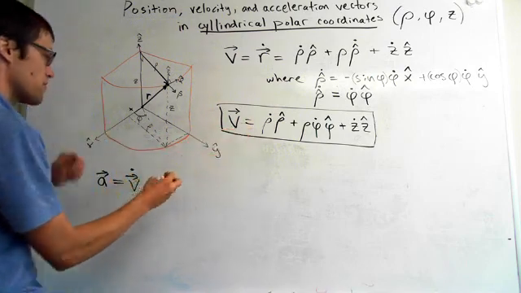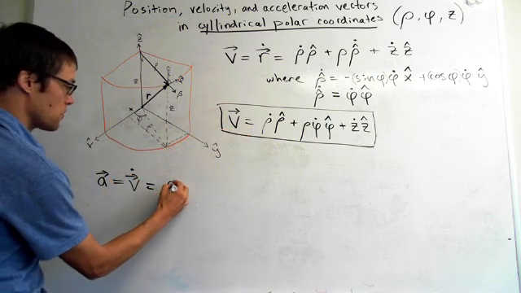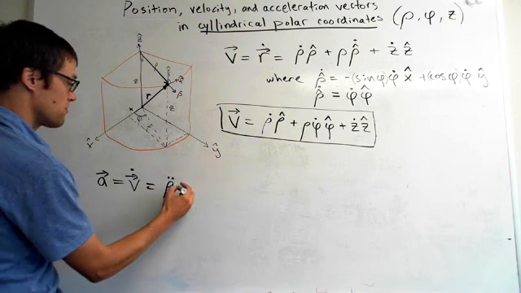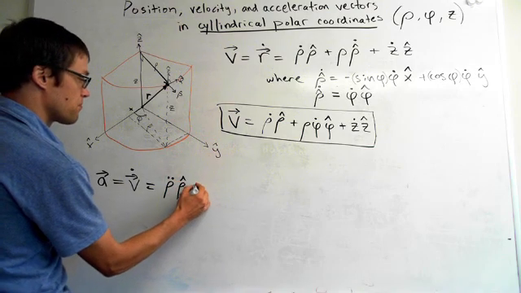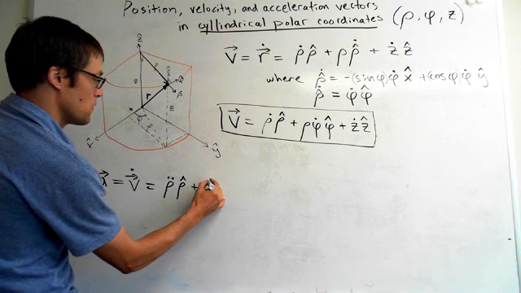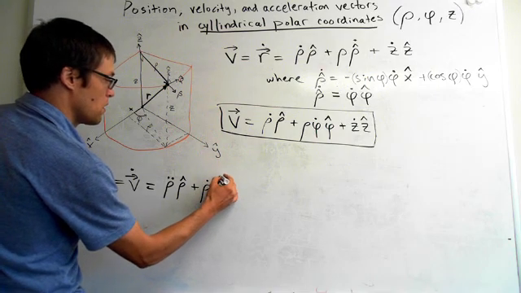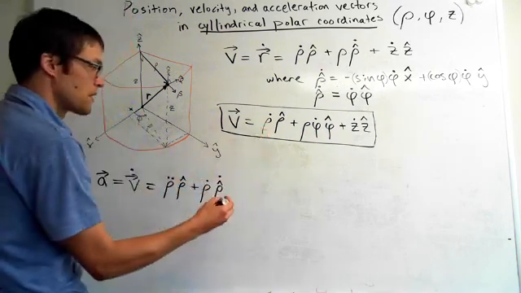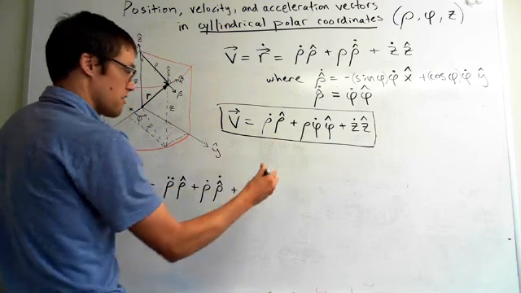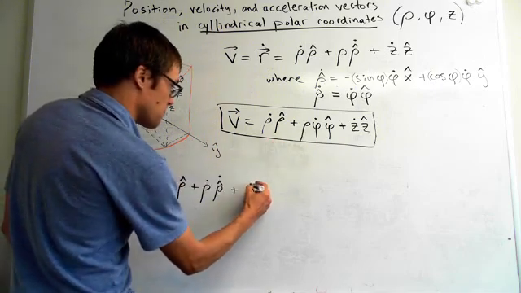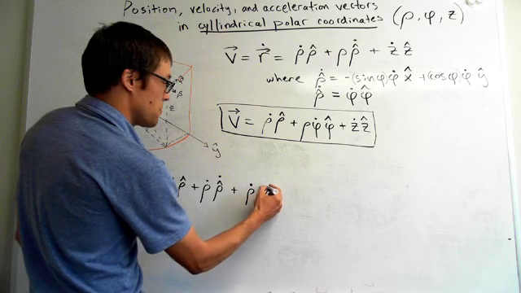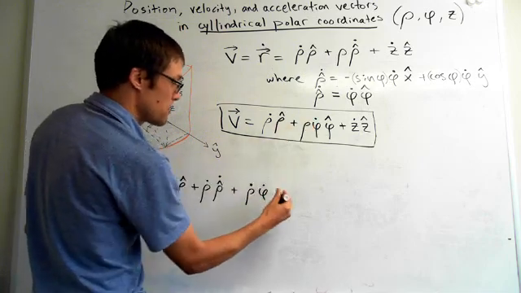Okay, so we've got to take the time derivative of this. That is equal to, let's take care of the first term first, just using the product rule. Now, this guy's got 3 terms. So the first time I'm just going to take the derivative of the first guy.